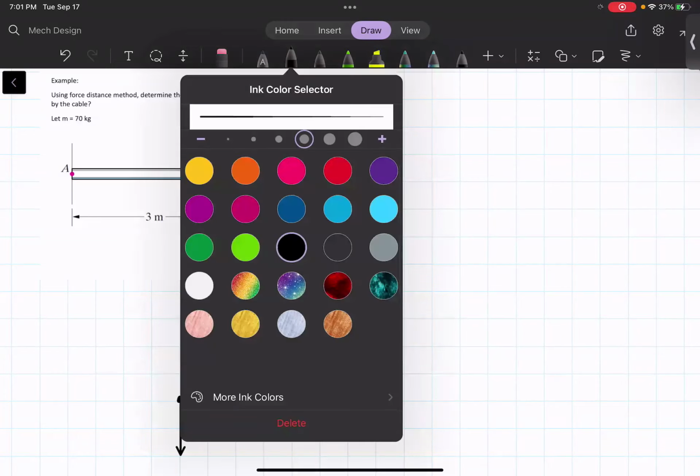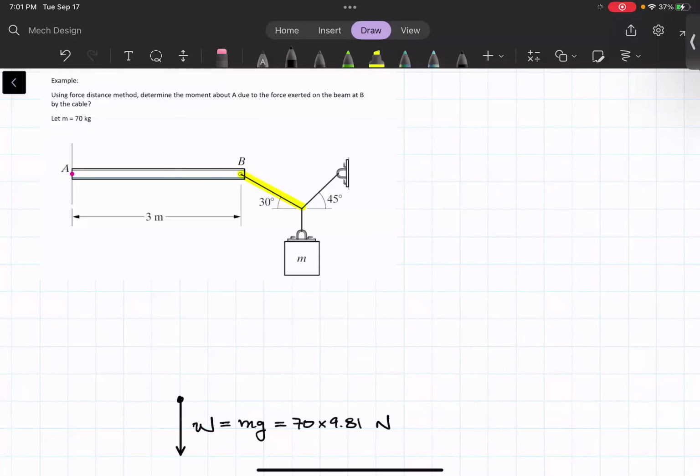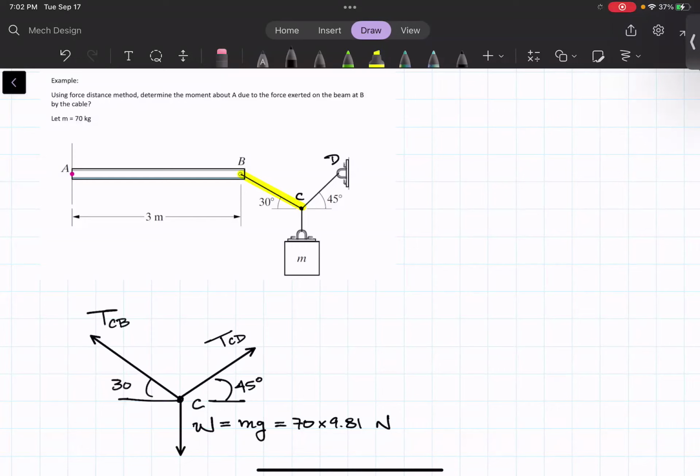I'm going to label this point C and point D. Point C is this point here. We'll show the tension TCD and the angle, and then this tension TCB, and once again the angle.